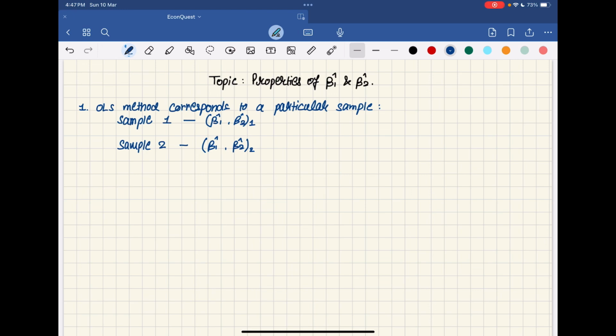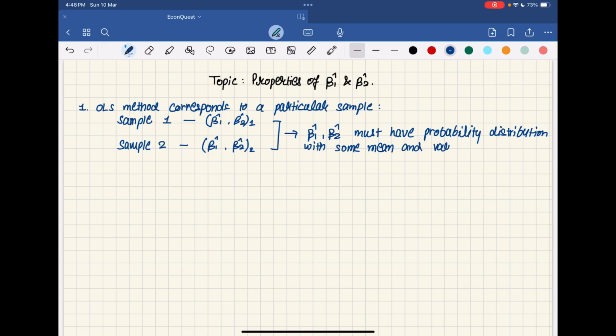It means beta 1 hat and beta 2 hat must have a probability distribution with some mean and variance. In this video, we are going to see what is the mean and the variance of beta 1 hat and beta 2 hat.